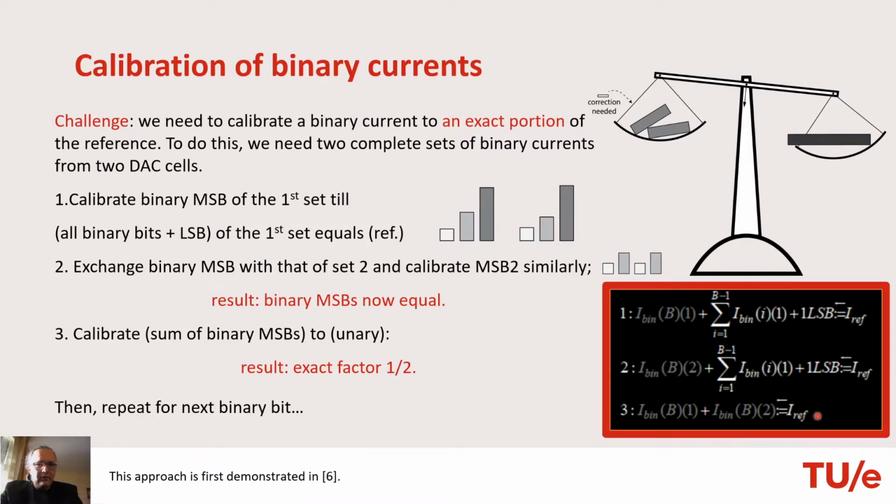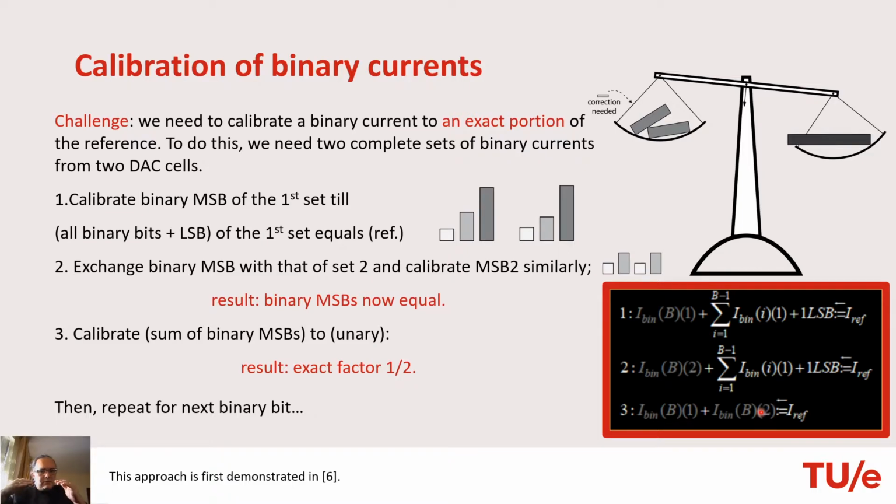And this is how you calibrate to an exact portion, in this case 1/2 of the reference. So you connect the MSB of the first set and the MSB of the second set on one side of the current comparator, and the other side is of course the reference.